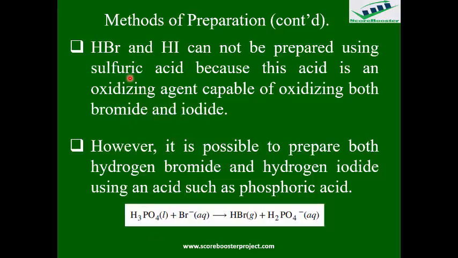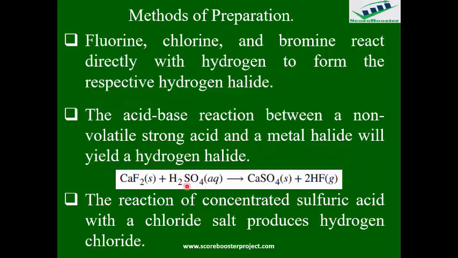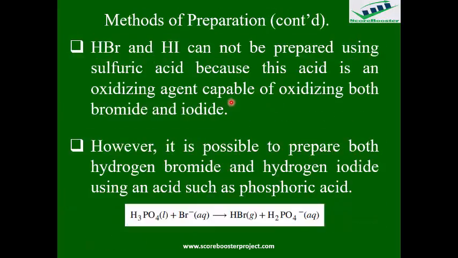Instead of producing this, if you react very concentrated H2SO4 with something like potassium bromide, we are going to have oxidation. It won't form hydrogen iodide or hydrogen bromide. It will just oxidize it. Then you have your bromine inside the solution instead of it reacting with this.